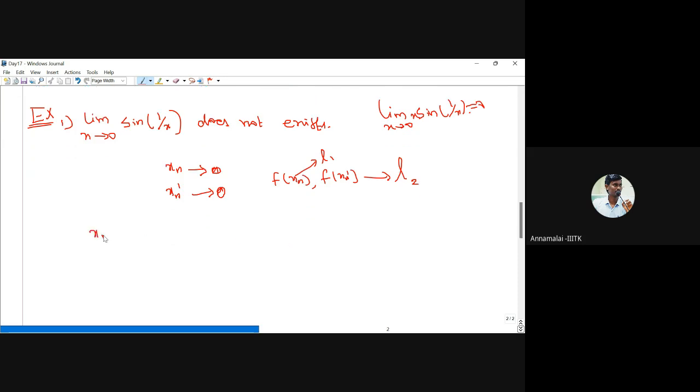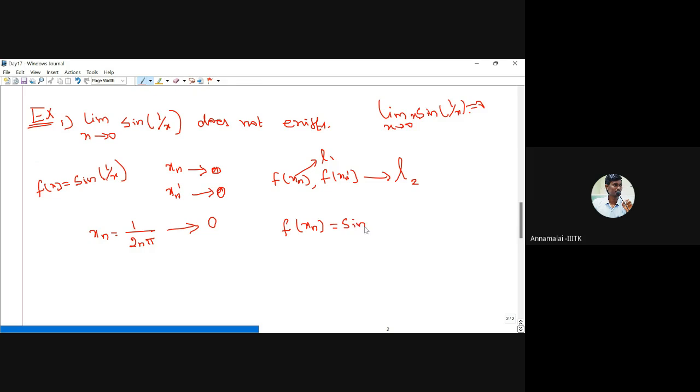So choose xn equal to 1 by 2n pi. All the xn's are non-zero, and this converges to 0, because 1 by n converges to 0 and 2 pi is a constant. Now, what is our function? f of x equals sine of 1 by x. Now, what is f of xn?